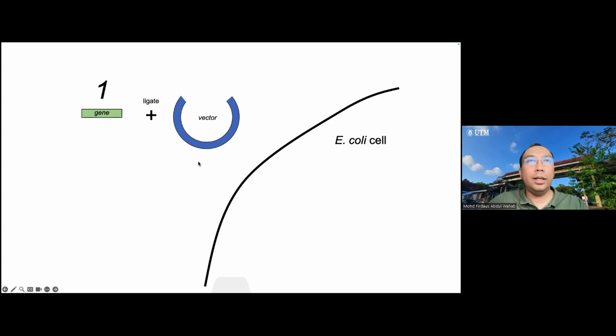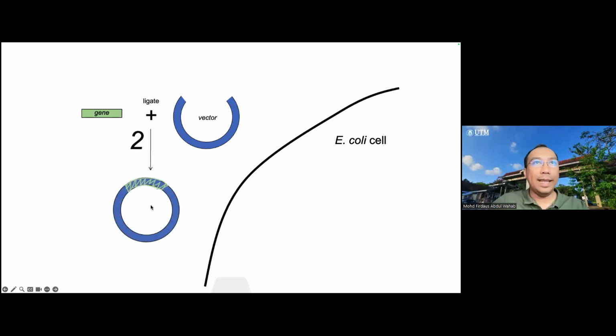In the bacterial case, I do a lot of bacteria based studies. So in my case, the vector that I use is often a plasmid. So we can ligate the gene to the vector, in the first stage, and then we get a recombinant DNA, the vector containing the gene. So this is if your ligation is successful.